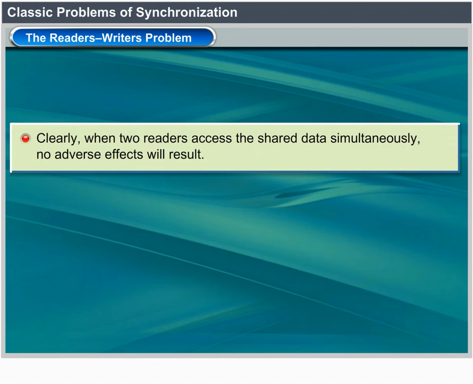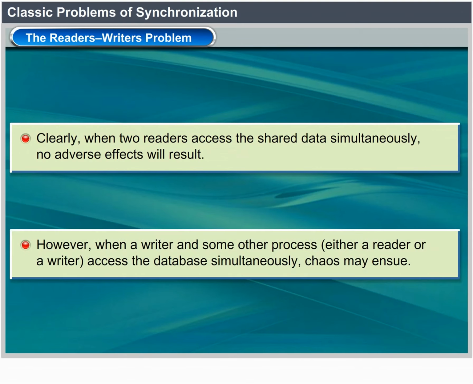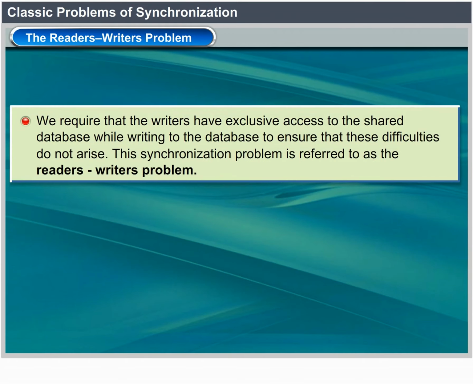Obviously, if two readers access the shared data simultaneously, no adverse effects will result. However, if a writer and some other process, either a reader or a writer, access the database simultaneously, chaos may ensue. To ensure that these difficulties do not arise, we require that the writers have exclusive access to the shared database while writing the database. This synchronization problem is referred to as the readers-writers problem.